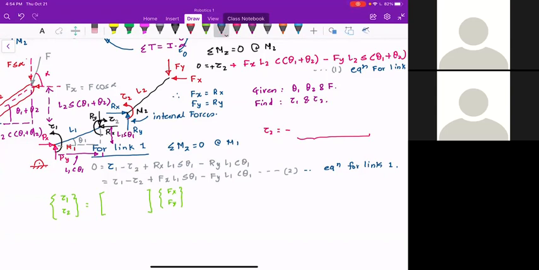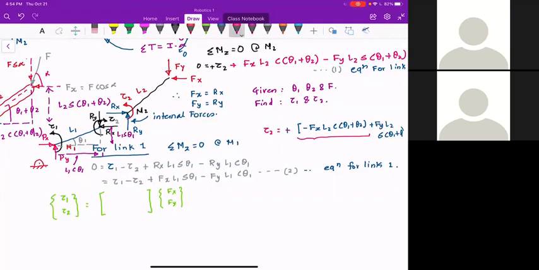Let me clarify how this works. You have tau 2 is equal to minus fx L2 cosine of theta 1 plus theta 2 plus fy L2 sine of theta 1 plus theta 2.